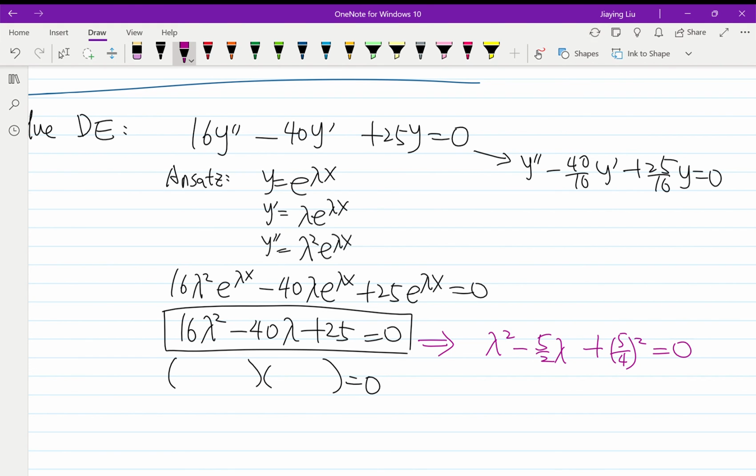You might find it easier to factor in this form. In fact, here we just have a perfect square. It turns out that we just have lambda minus 5/4 for both of them.